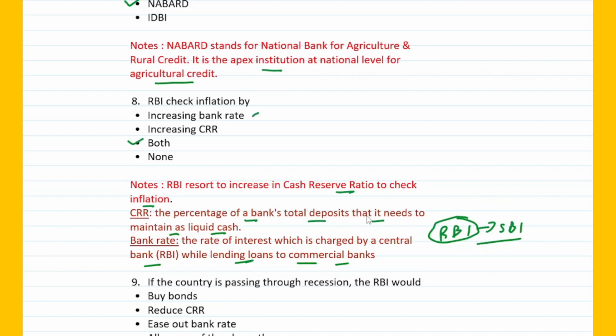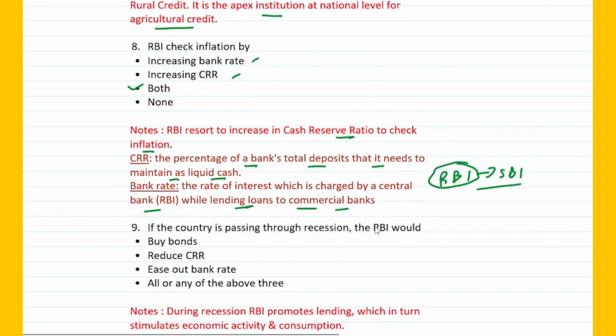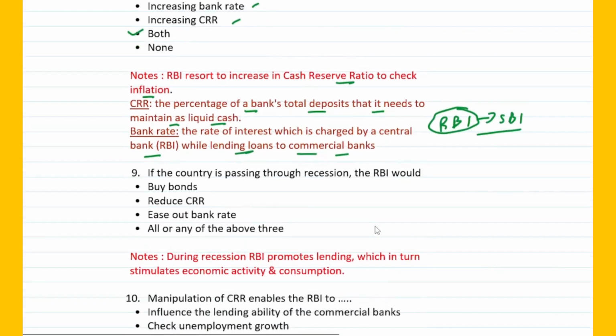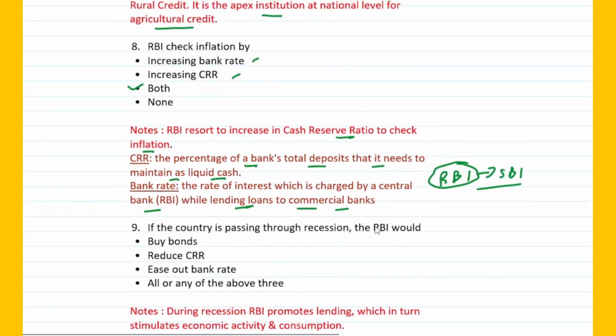When the rate increases, inflation is controlled. Similarly, when banks have to keep more money as reserve, the liquidity flow is automatically reduced, which happens when CRR is increased, right? So RBI needs to adopt both measures to make sure that inflation is kept under control, right?